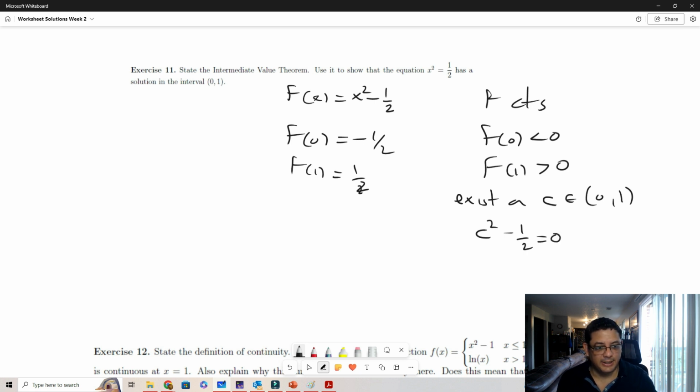And this is by the intermediate value theorem. We have one value that is negative, one value that is positive, so at some point it's got to cross 0.